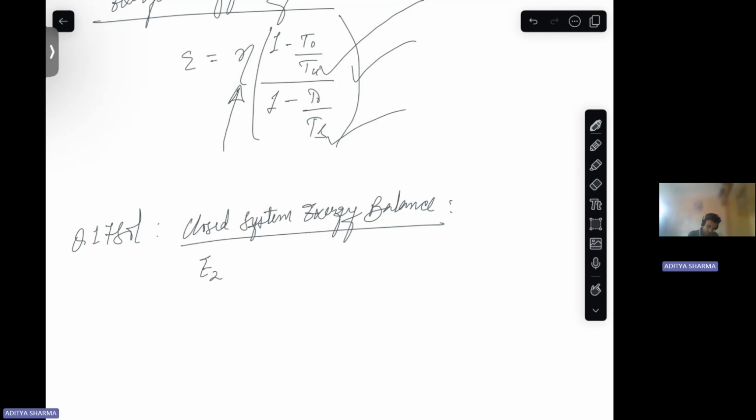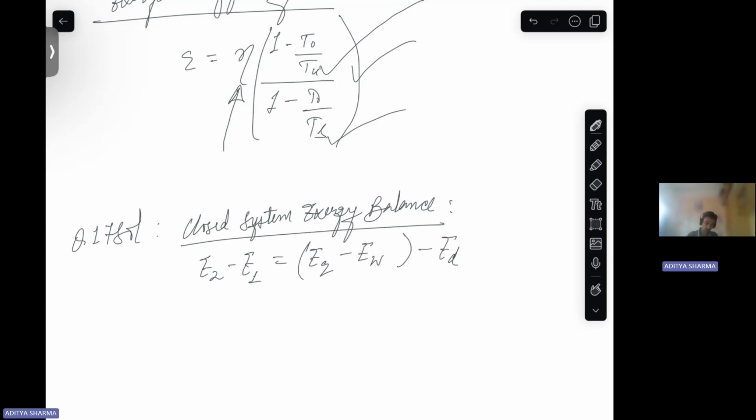So exergy change here is, so this is our exergy change.